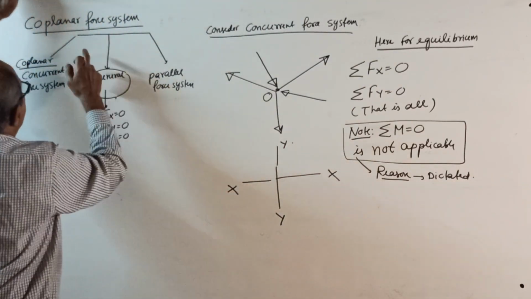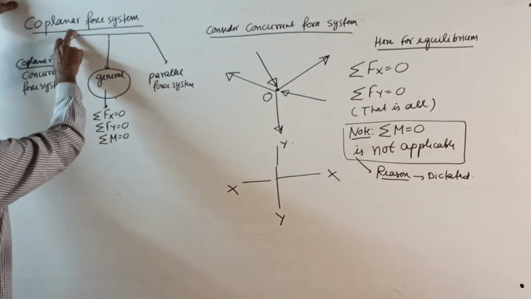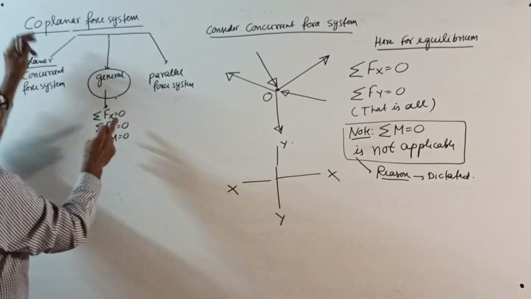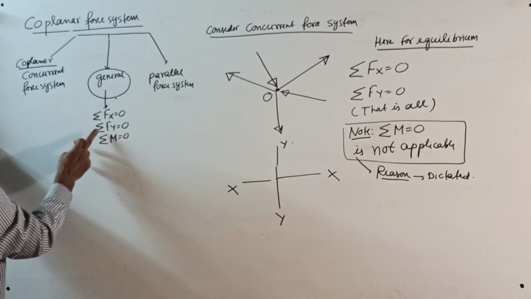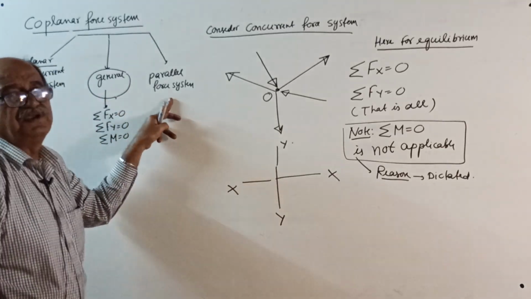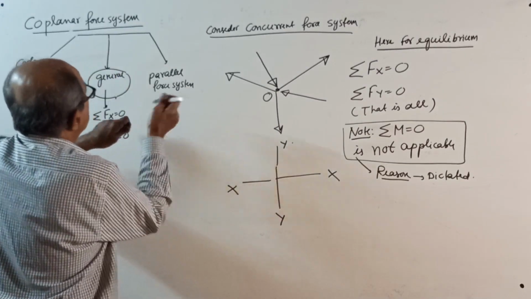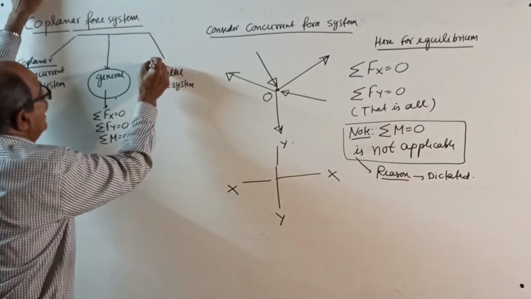Next, the general case, coplanar force system in general, already over. Random, I told. Here, sigma Fx, sigma Fy, sigma M0. Parallel force system: all this we already considered earlier. Again, remember, coplanar parallel.